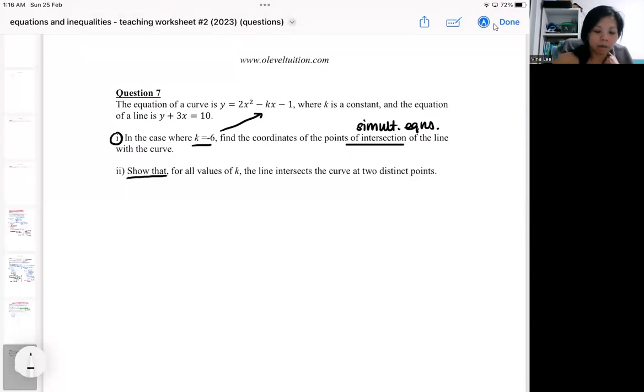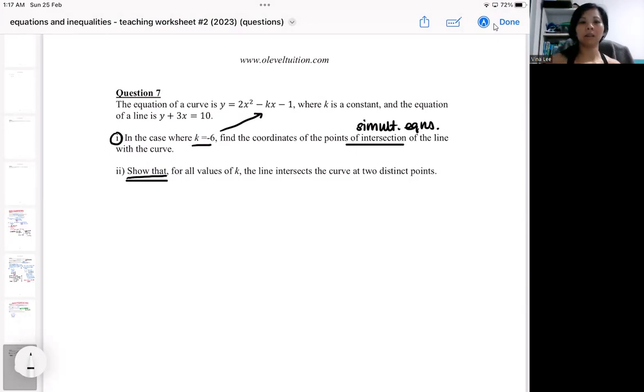I'm going to emphasize on the showing. In one of the previous questions, I already explained: if you are supposed to show, you are supposed to use the discriminant, and then you explain.